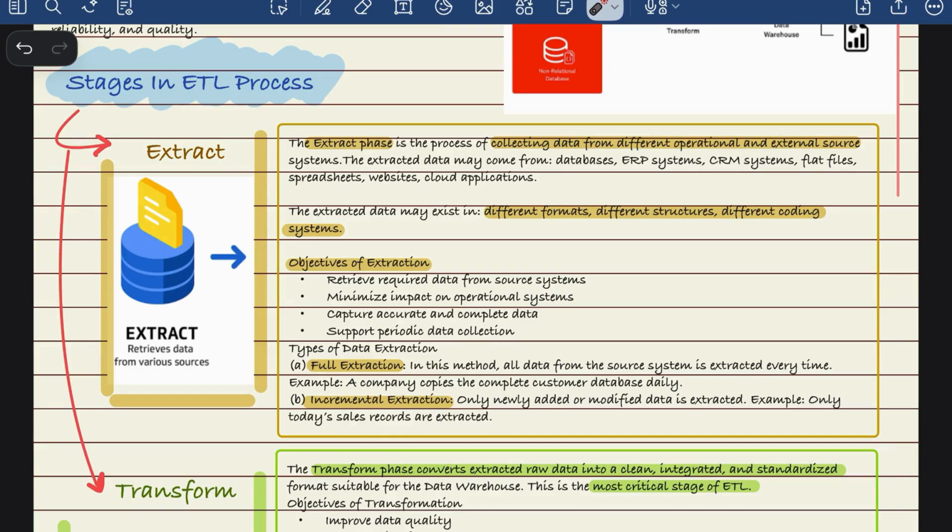So you are adding that data every time. Whenever you are uploading the data, you are again and again capturing the entire source. So this full extraction is simple, but it takes forever and it eats up a lot of storage.